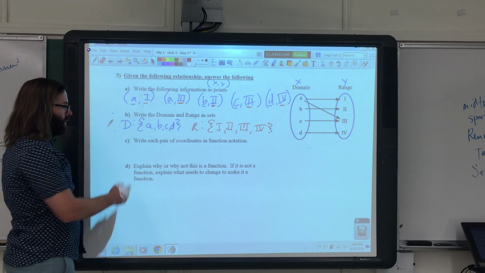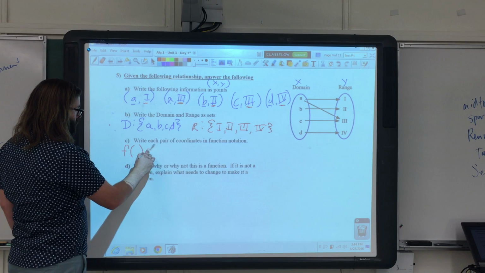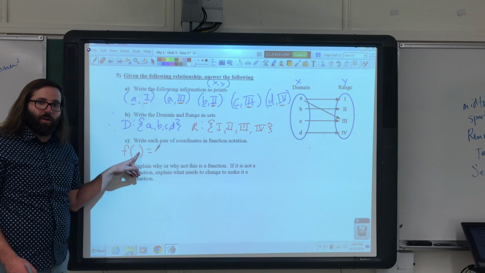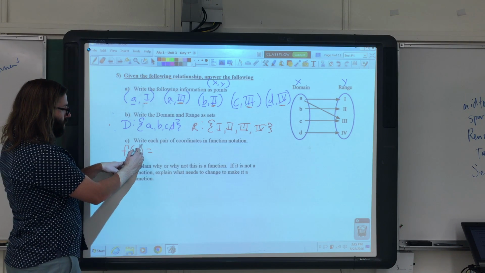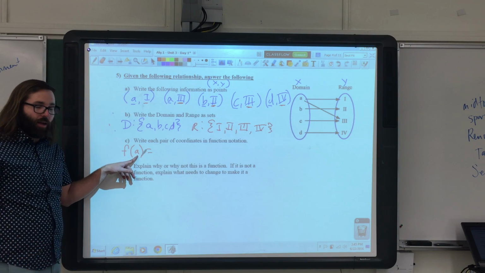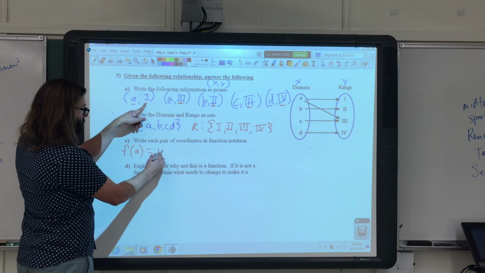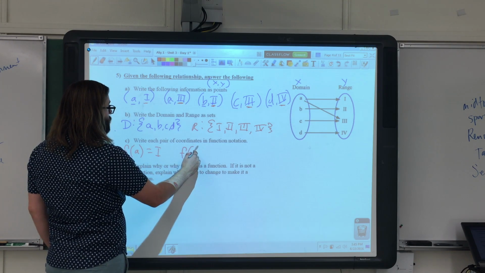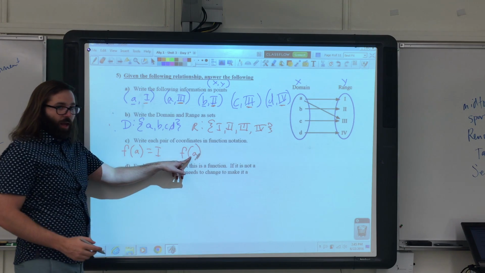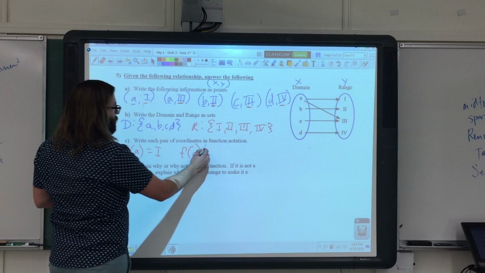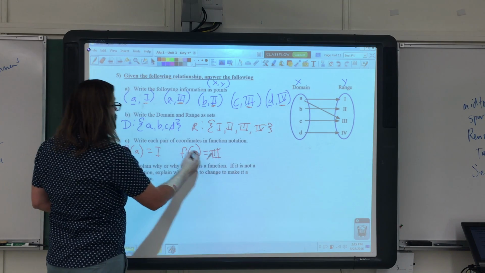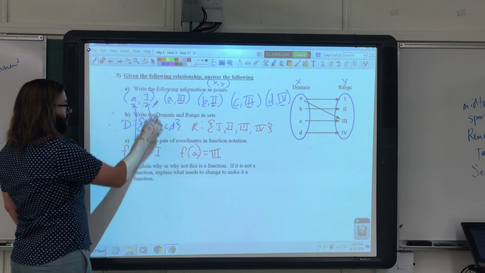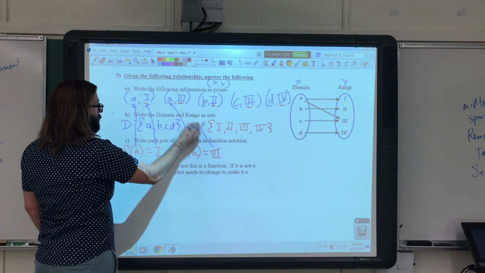For function notation, remember that's f of something equals something. So inside here we put our domains, our inputs. So when x is a, you get 1. When x is a again, it's the same a really, you get 3. So f of a gives you 3.